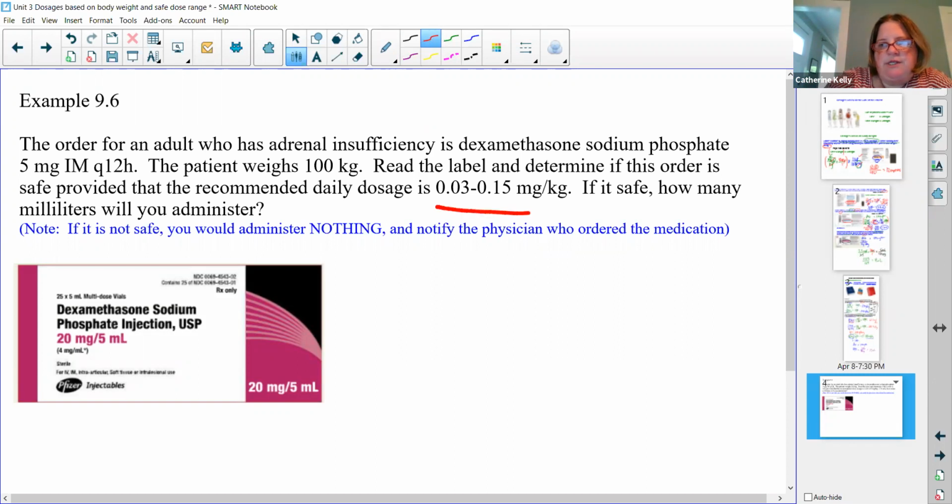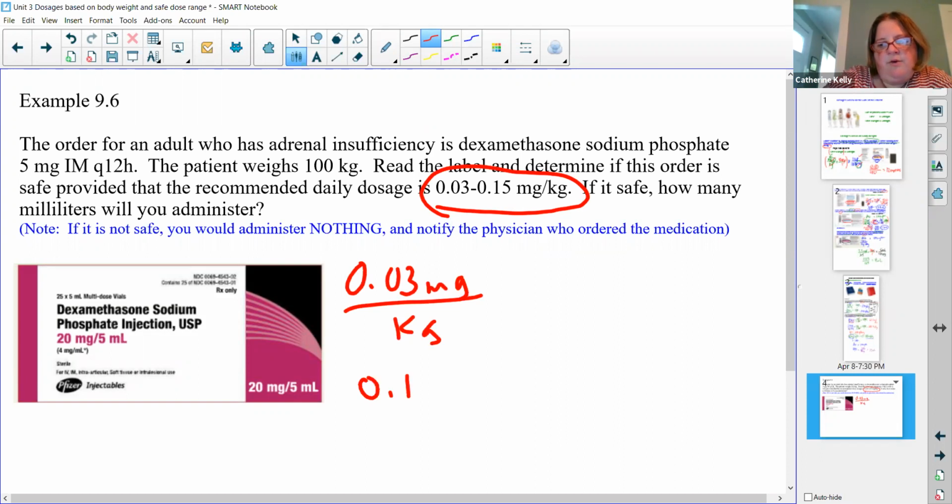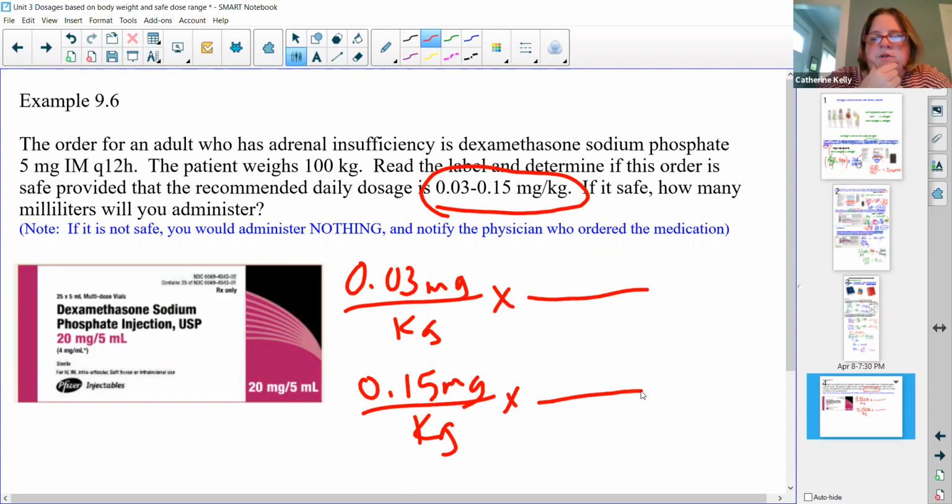So the dosages here: 0.03 is my low milligrams per kilogram, and my high is 0.15 milligrams per kilogram. I'm going to multiply it by the amount of kilograms my patient weighs, because I want to know for this patient only, it's 100 kilograms.